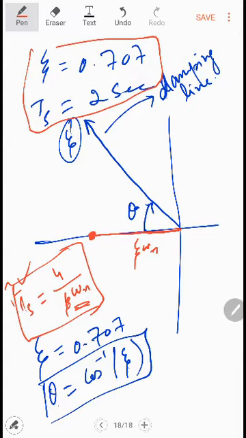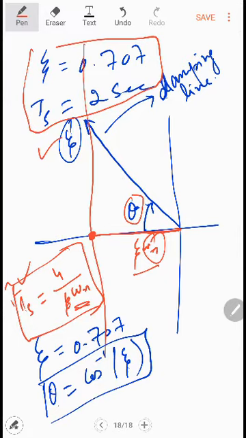From this we get the value of zeta omega n. We can also get omega n, and we can also find this angle. Where the line at zeta omega n touches the zeta line, that location is the S location.